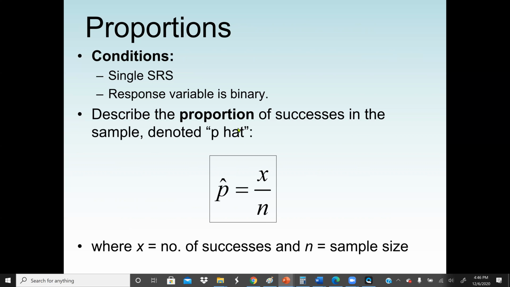To find the proportion, the conditions are that our sample was collected as a simple random sample and the response has only two outcomes, as in the binomial: true or false, yes or no, success or failure. In that case the sample proportion, denoted p hat, is the number of successes divided by the sample size. So we are finding the proportion of success.